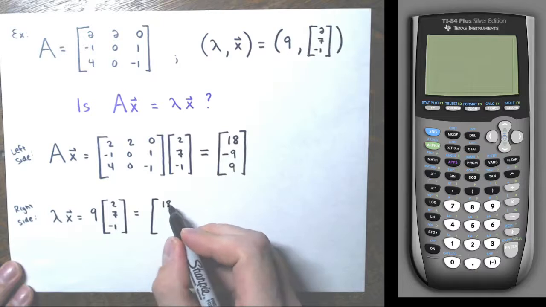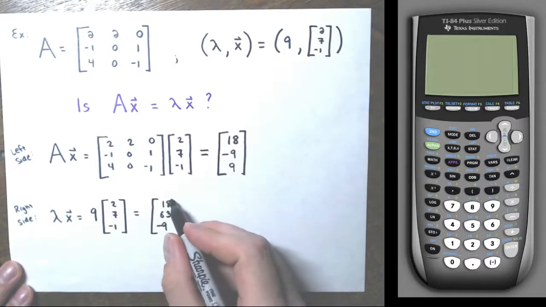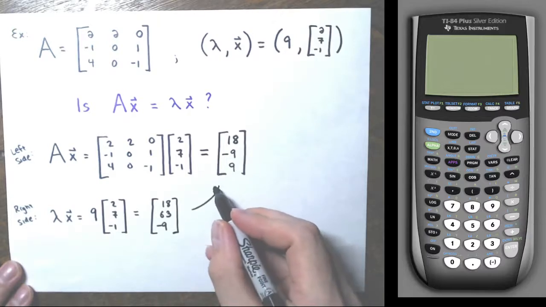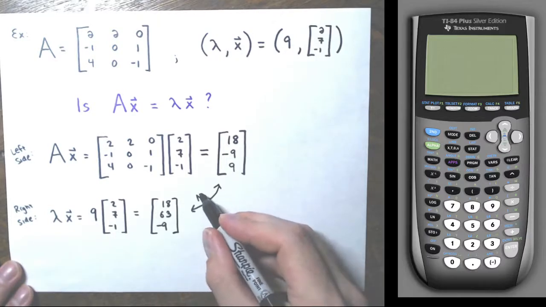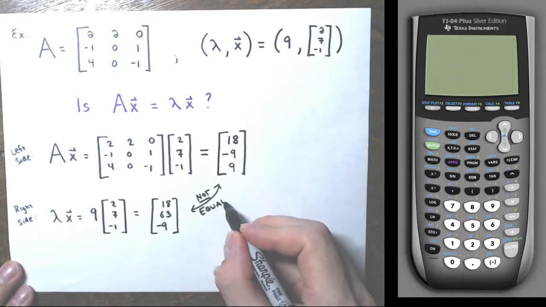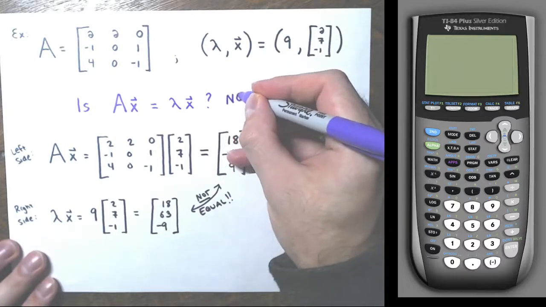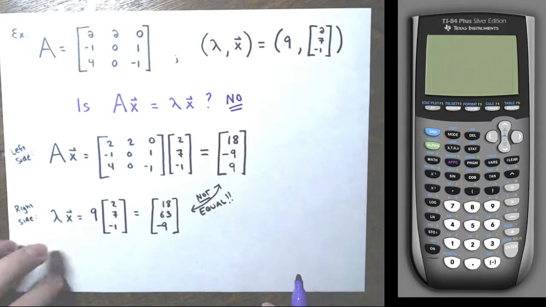That's 18, 63, and -9. These are not equal. And that's a problem. So the answer to my question is no.